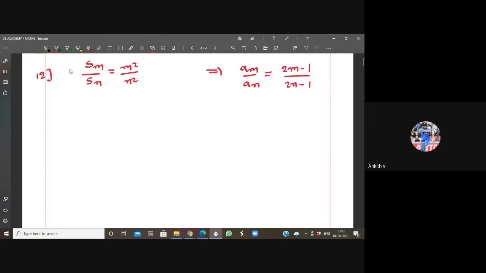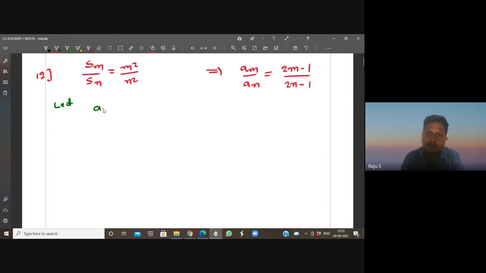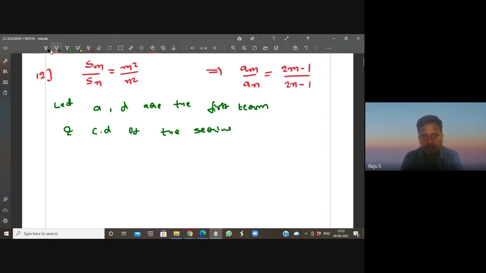First we should simplify Sm by Sn equal to m square by n square. Let a, d be the first term and common difference of the AP.